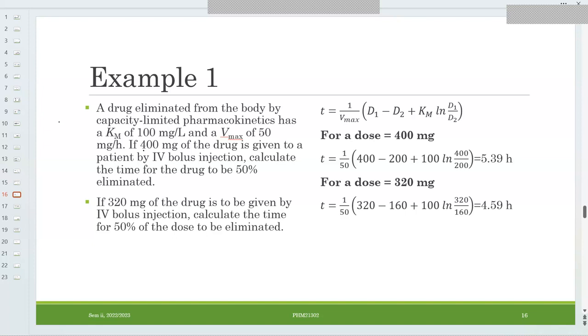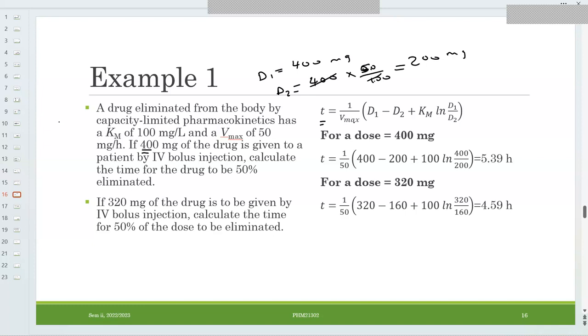So first was given 400, and 50% means you want the time to decrease to 200. 50% is 200, right? So D1 is 400 milligram. D2 is 50% times 50%, equal to 200 milligram.